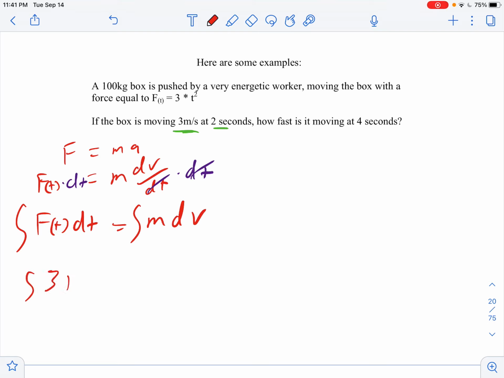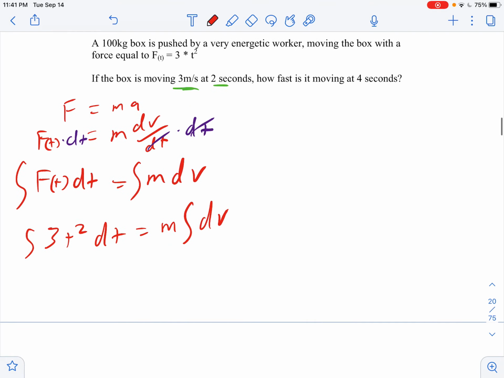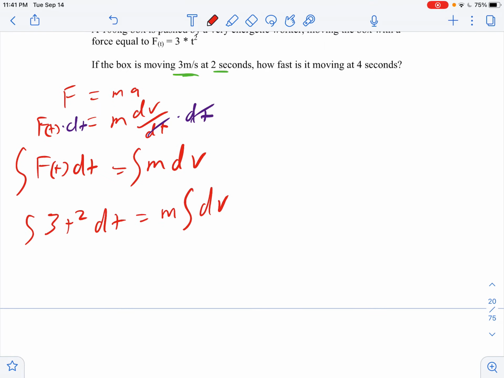So I have the integral of 3t squared dt equal to mass times the integral of dv. That would be t to the third power plus c, equal to mass times some velocity plus a c.